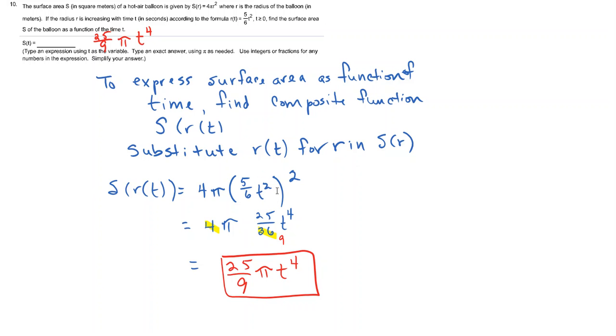When I square this, I get 25 over 36 t to the 4th. And then I have this 4 that was part of the original formula, and I can cancel that out with this 36 and leave 9. So I have 25 over 9 pi t to the 4th. So this was a composition problem.